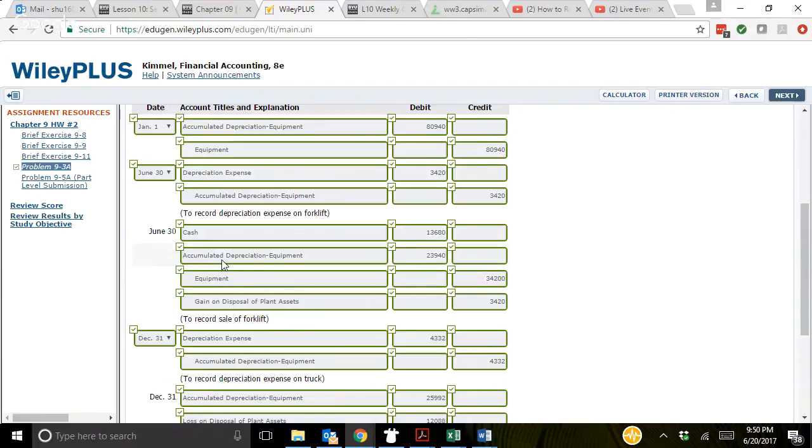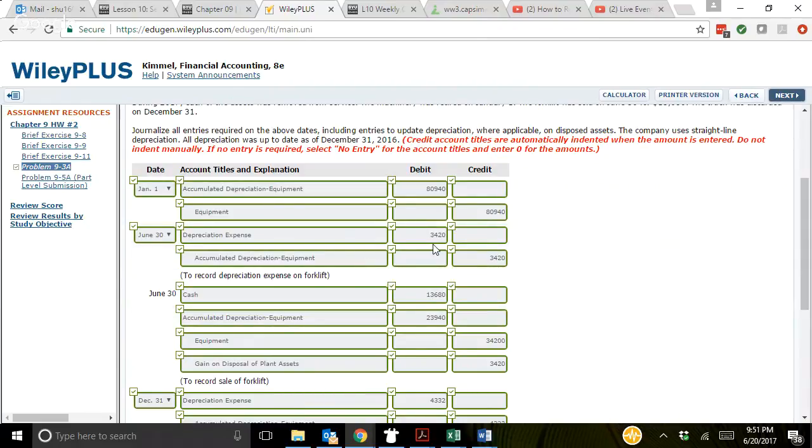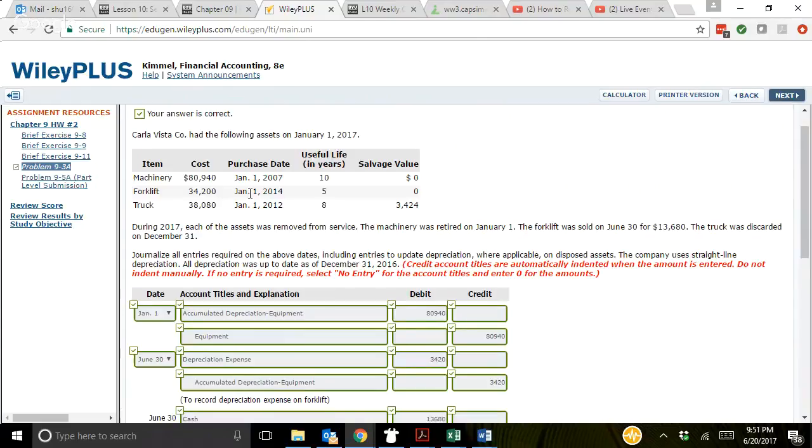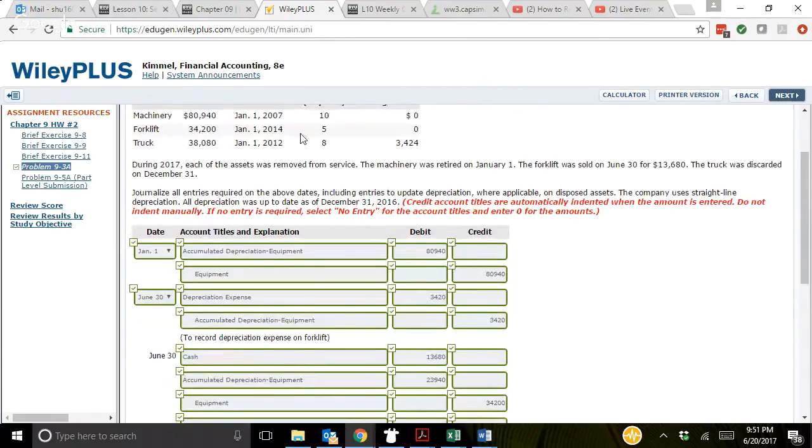Okay, we're going to figure out accumulated depreciation, equipment. This is only for 6 months, so we need to figure out what it has total. We purchased it in 2014, so it has 3 years of depreciation, which brings us to about 20,000 and some change.